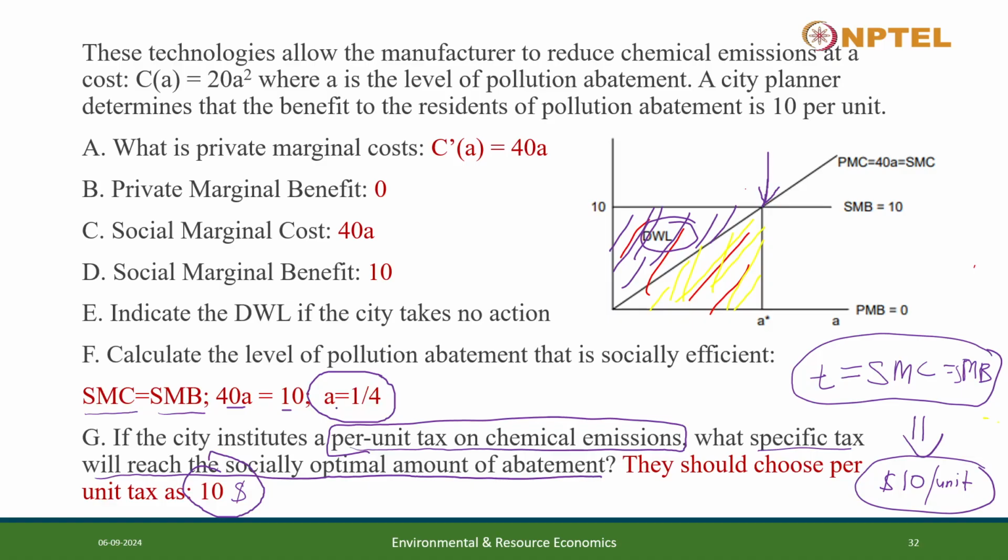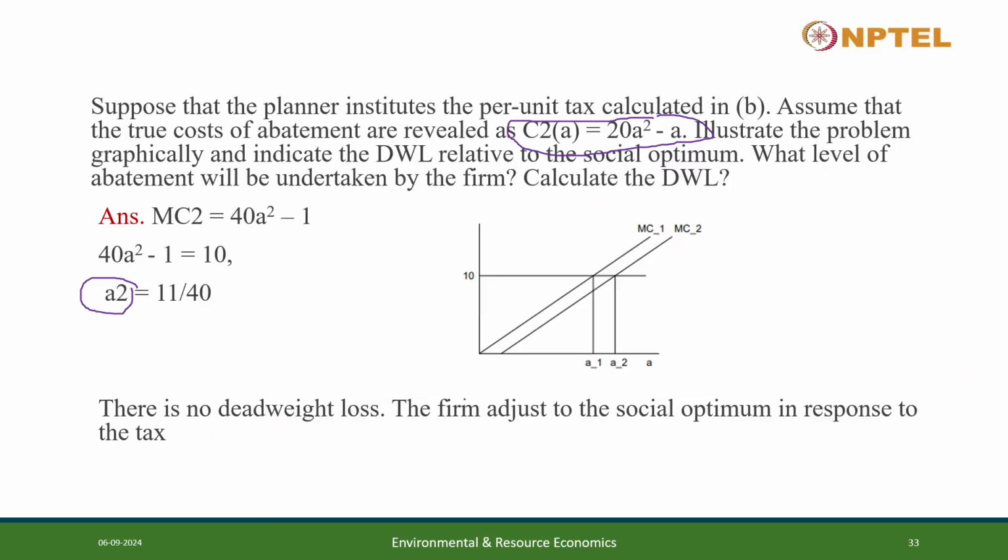If we equate these two, then we get the level of abatement, which is equal to 1 by 4. Then when the cost function reduces, the level of abatement is A2, that is 11 by 40.